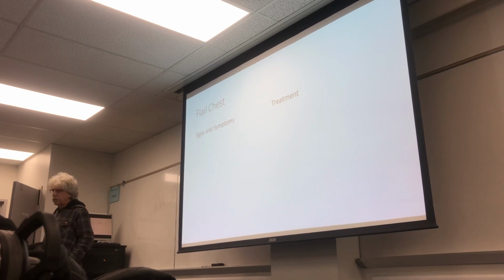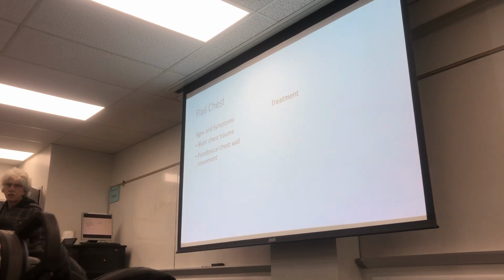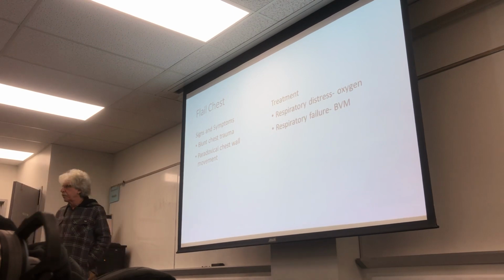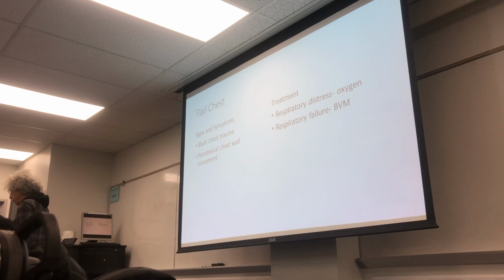Wheezing? No wheezing. No distension. How about pain and tenderness and difficulty breathing? Will they be guarded, like usually? You might, yeah. And treatment is basically give them oxygen. If they're in failure, use your BVM.